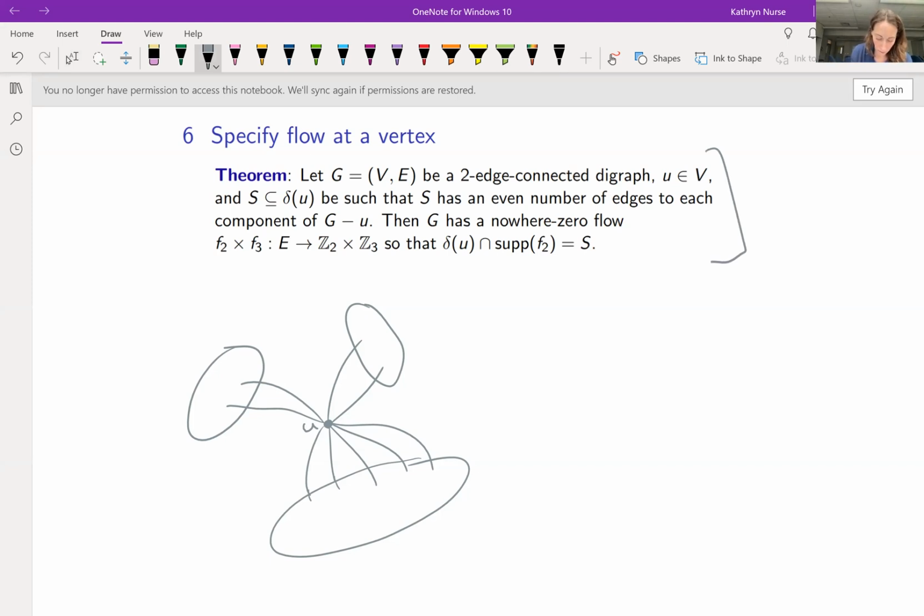At your given vertex U, you can choose a set of edges S, which will be blue, incident to U, as long as you pick an even number of edges that go to each component of G delete U. Then the edges in S are the edges contained in my Z2 flow, and the edges not in S are all contained in the Z3 flow, but not the Z2 flow.